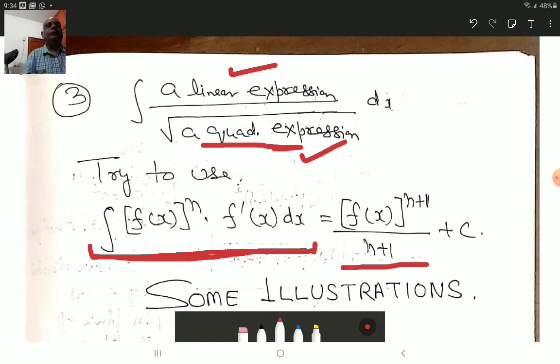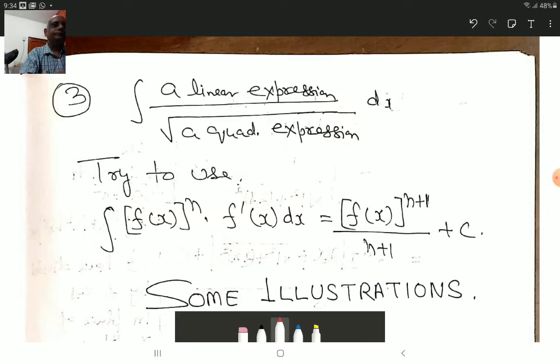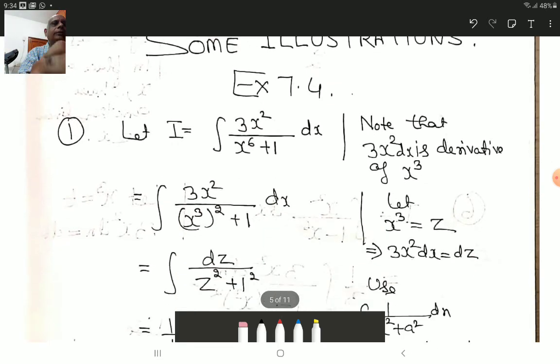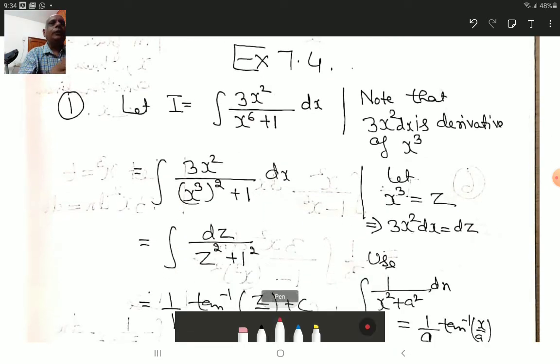So in the pages coming forward, we will be giving some illustrations that we have discussed just now. Exercise 7.4 I am taking from NCERT book. So this is question number 1.